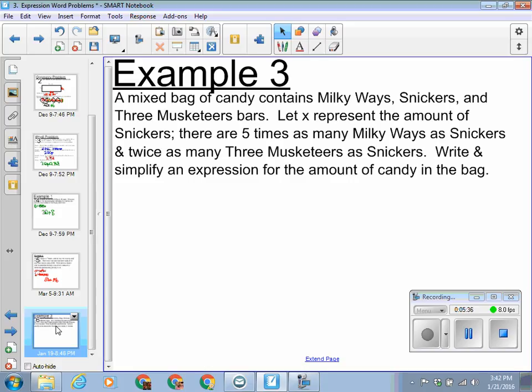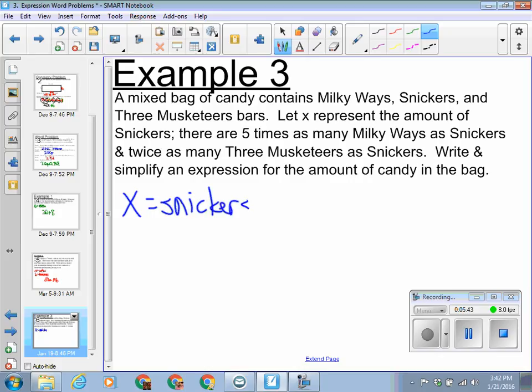So we're told to use X for Snickers. And then we're also told that there are 5 times as many Milky Ways as Snickers. So 5X for Milky Ways.